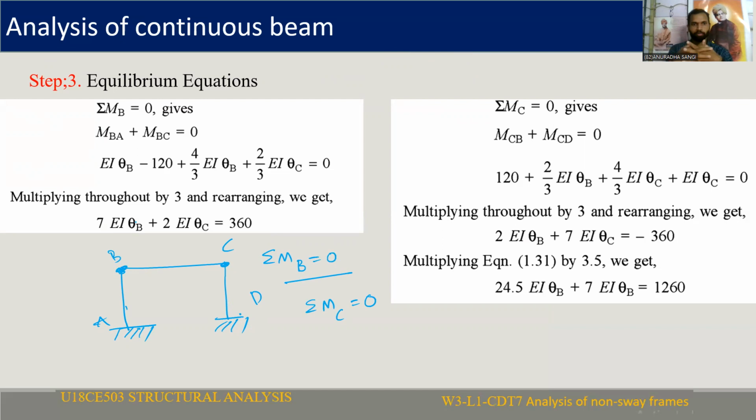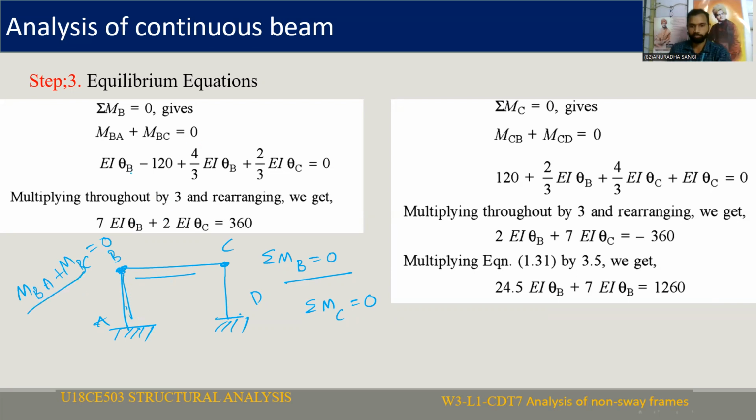What moments are there at B? At joint B, two members are meeting, the BA member and the BC member. That means the moment in BA plus the moment in BC equal to 0. So MBA plus MBC equal to 0.